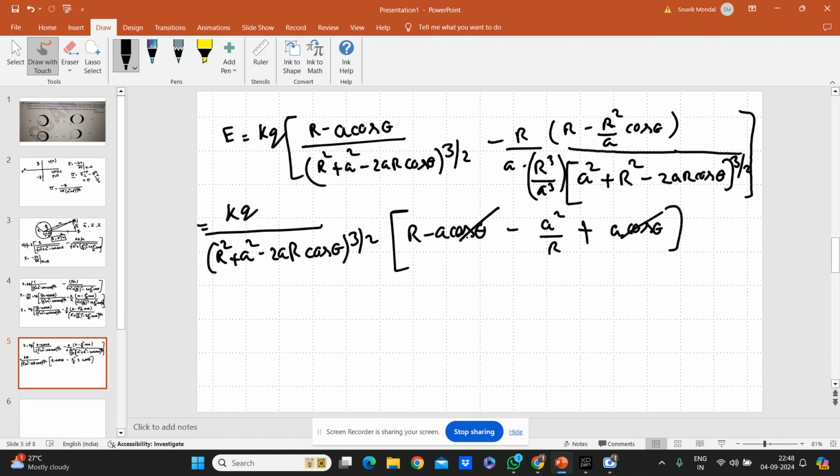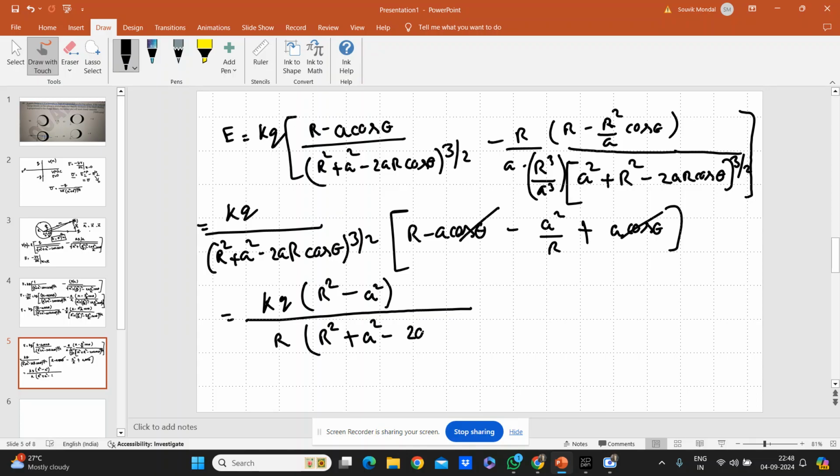So a cos theta goes out. So finally you have kq into r square minus a square divided by r into r square plus a square minus 2ar cos theta to the power 3 by 2.